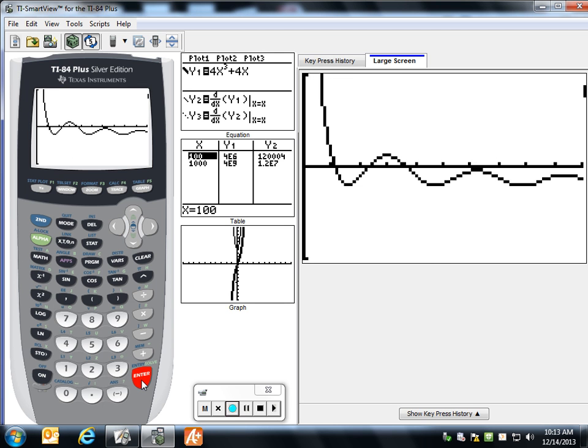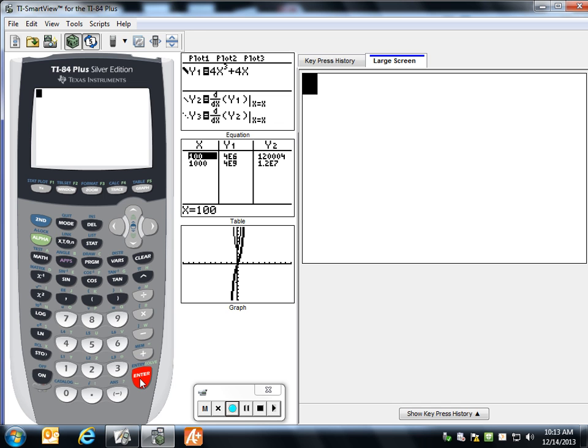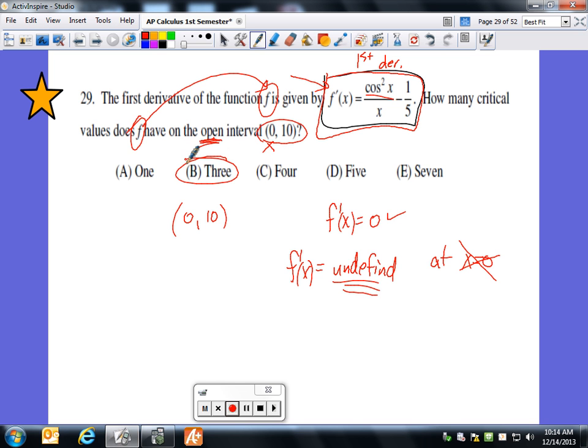Well, you'll see from the calculator, it doesn't have a sign change. So that did not end up hitting 0. So by looking at that, we're going to say that this is not a 0, and that 1, 2, and 3 would be the answer. So we come over here, and B would be the answer for this question.